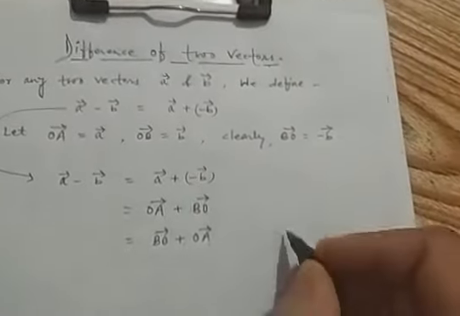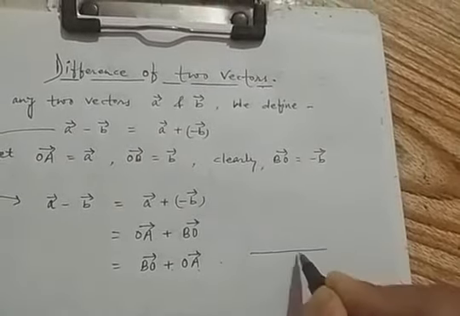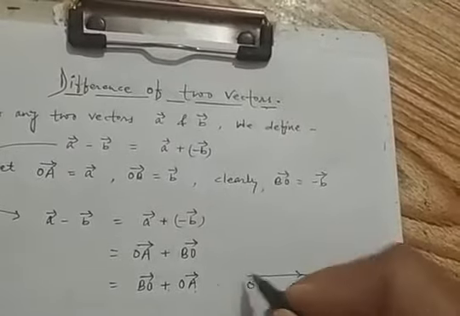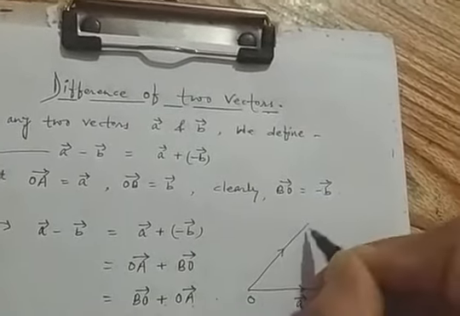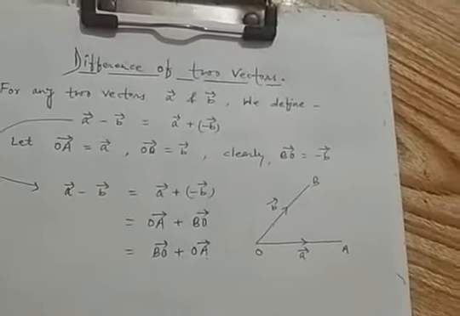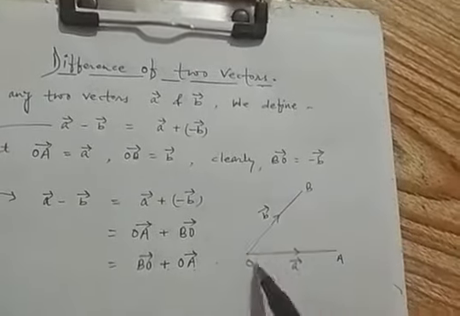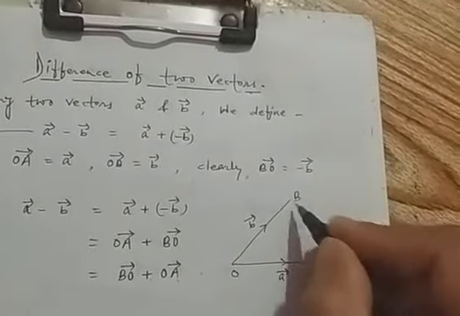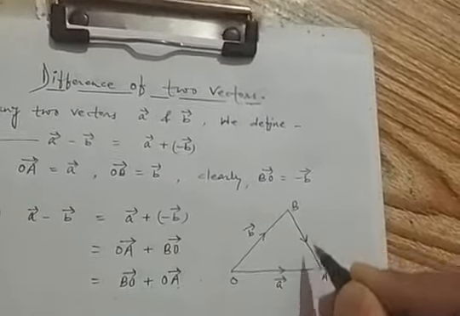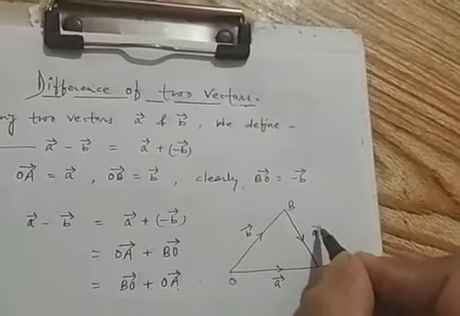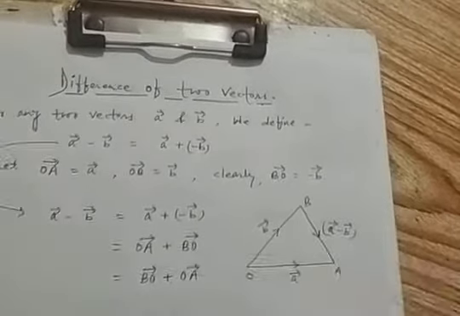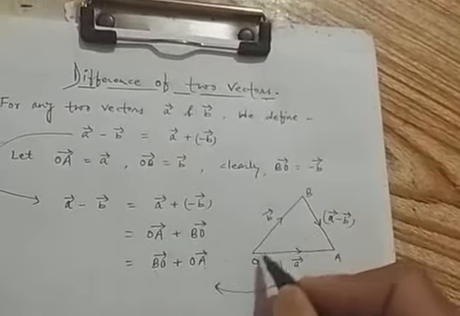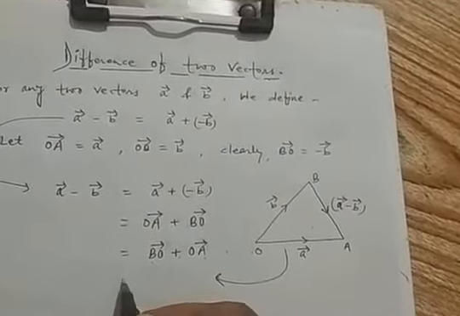Okay students, so here let this be vector OA equal to vector A, and this is vector OB equal to vector B. From BO equal to minus B, BO plus OA equals vector BA, so BA is equal to vector A minus vector B. So clearly, by the help of this diagram, BO plus vector OA equals vector BA.